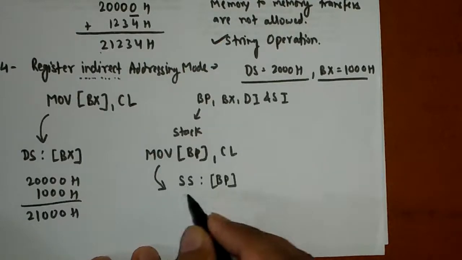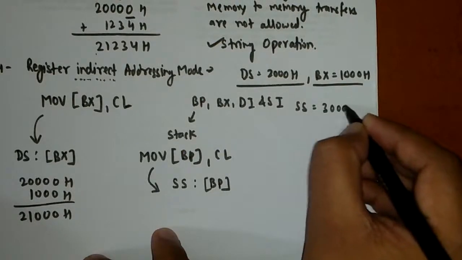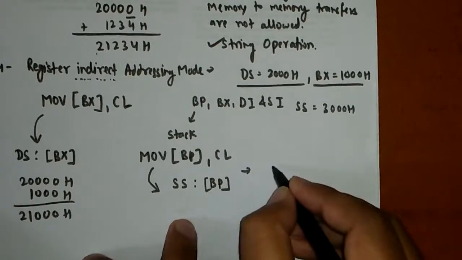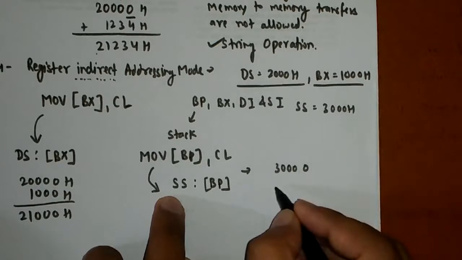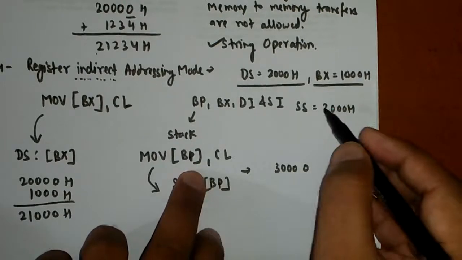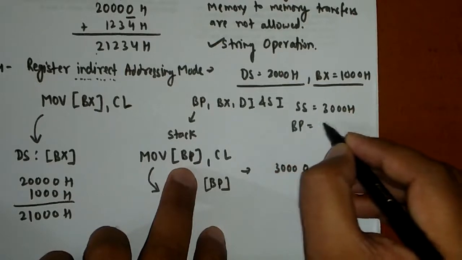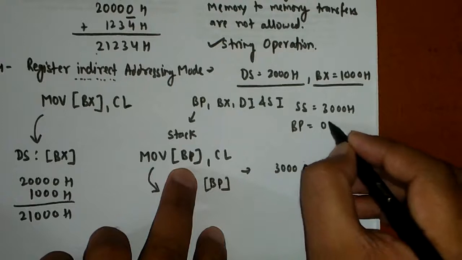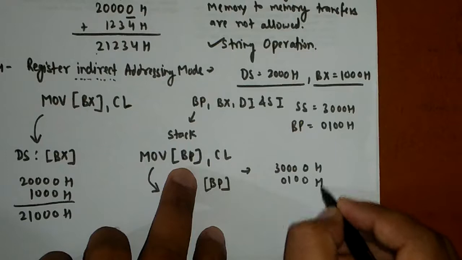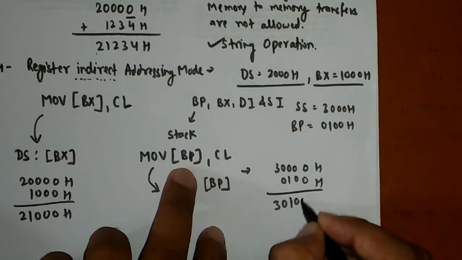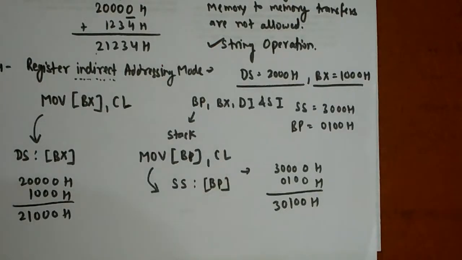If it is given that the stack segment is 3000, you will use stack segment 3000, put a 0 here, then take the value of BP. Assume it is 0100h, so we add 0100h and get the value 30100h. This will be the 20-bit address where the content of CL will be copied, right?